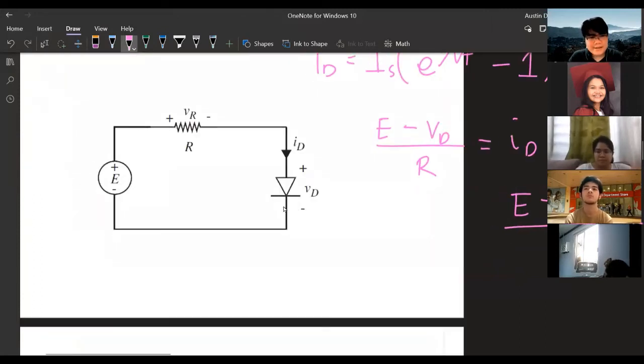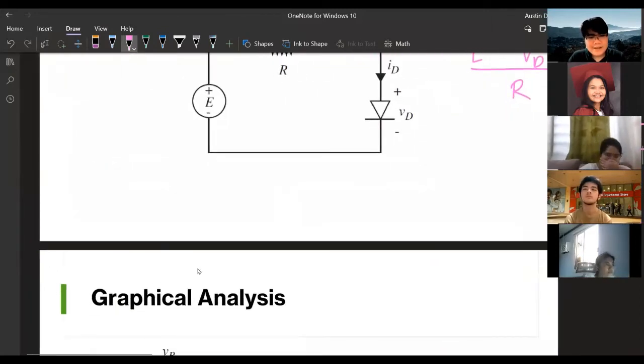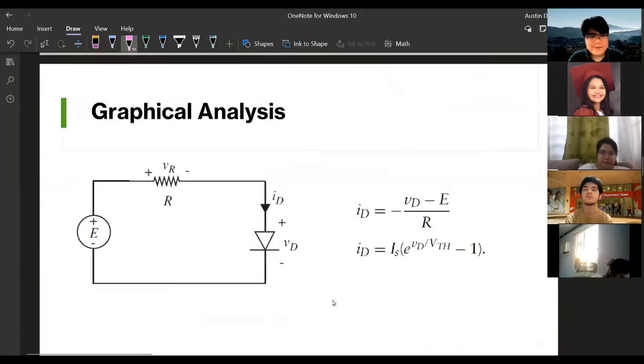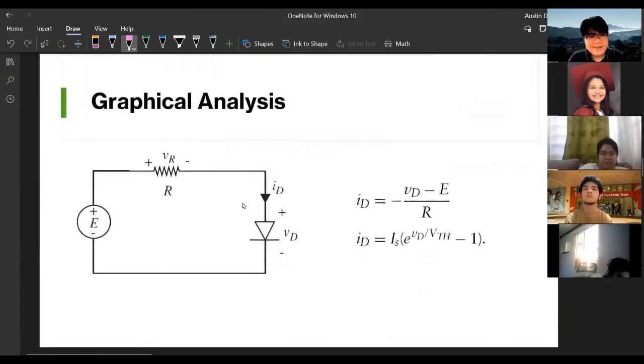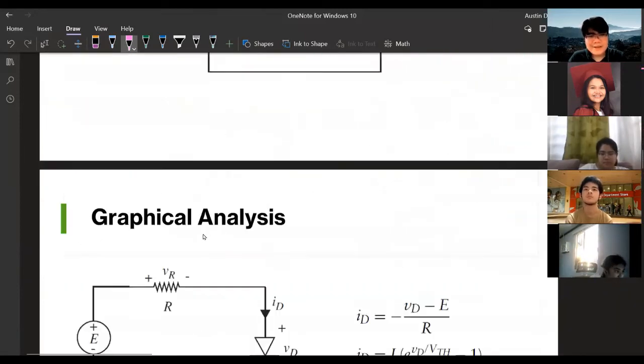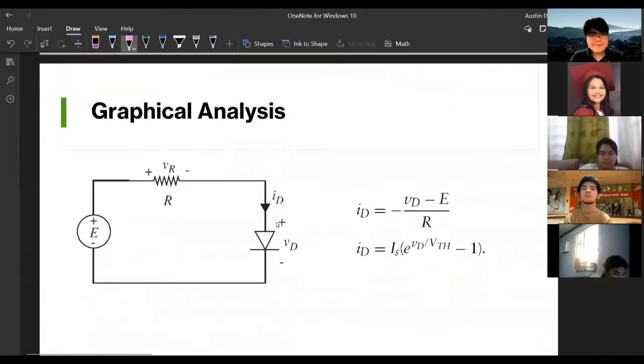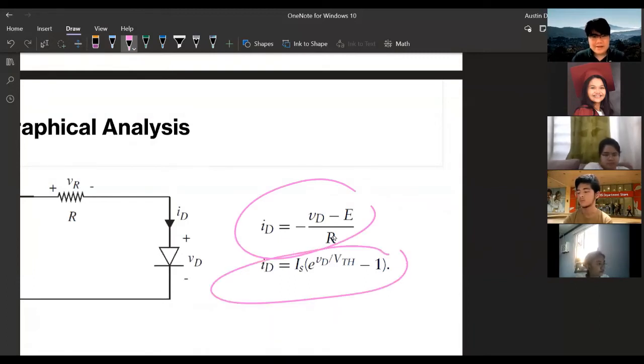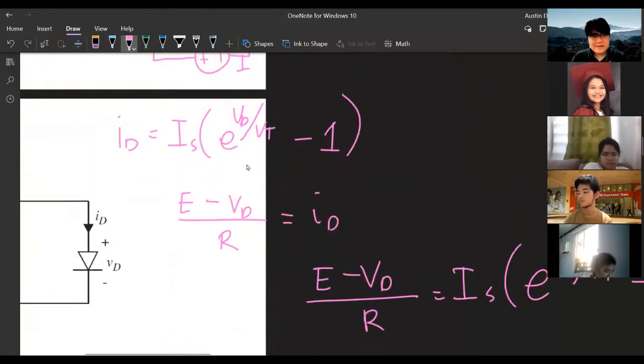Let's try another one. Graphical analysis yung pangalawa nating technique. Okay. So, solve natin itong circuit na to using graphical analysis. Alright? Nakuha na natin itong dalawa, no? Ito, yan yung kanina. Ito yan. Diba?